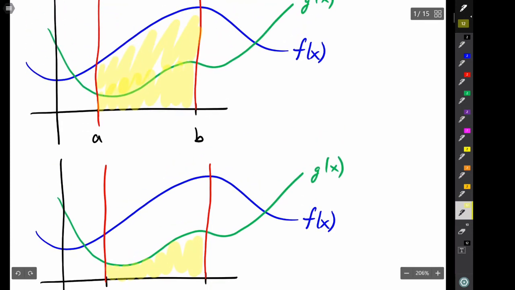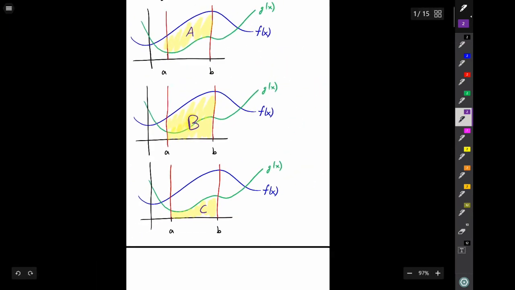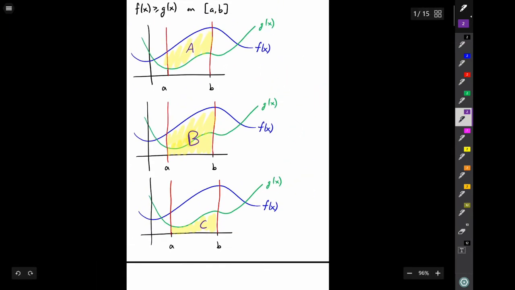So if we call this whole area B, and this little area C, then A is going to be B minus C. Hopefully that makes sense.